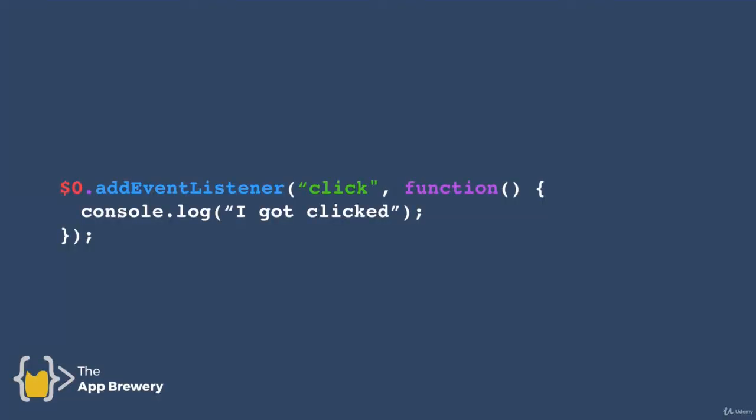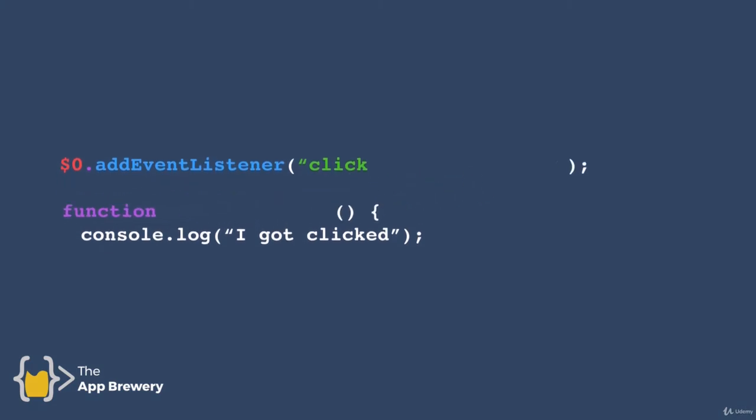Now, in this case, we've got an anonymous function as the second input. And we know that we can also specify it like this. So instead of using an anonymous function, we could use a named function, say something called respondToClick. So the word click is the event that we're detecting, and that's the first input, or input 1. Now, the second input is the function that should be called once the H1 detects the click event.